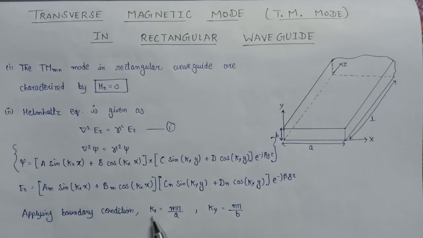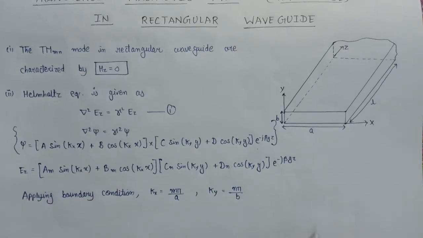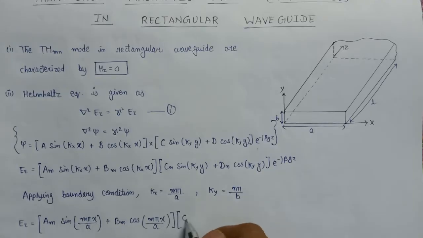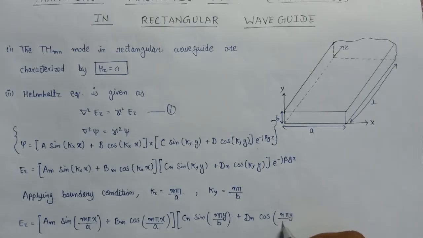After replacing kx and ky in this expression, we get the value of Ez as Ez equals Am sine m pi x over a plus Bm cos m pi x over a, in multiplication with Cn sine n pi y over b plus Dn cos n pi y over b, in multiplication with e to the power minus j beta gz.